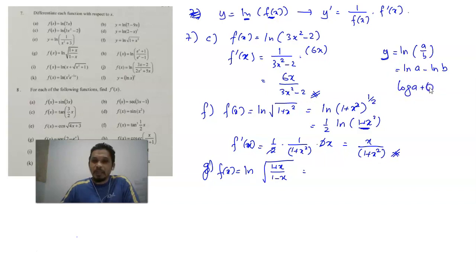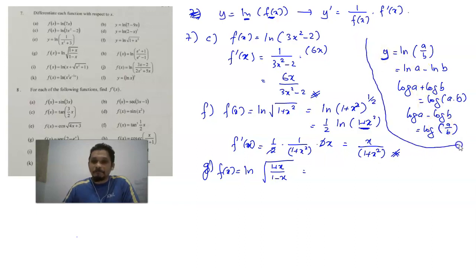Log A plus log B equal to log A multiplied by B, and log A minus log B equal to log A divided by B. I do hope that all of you still remember this.